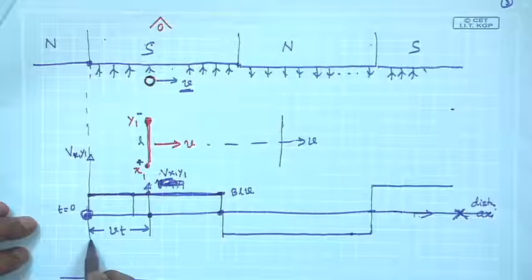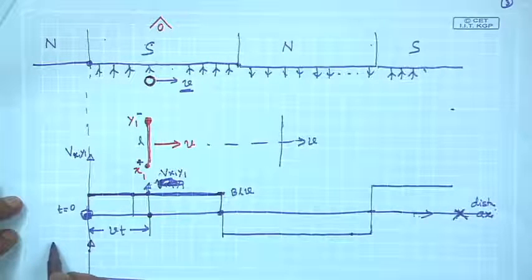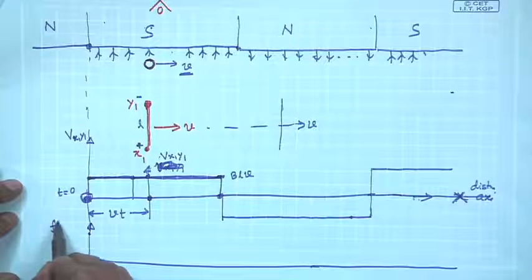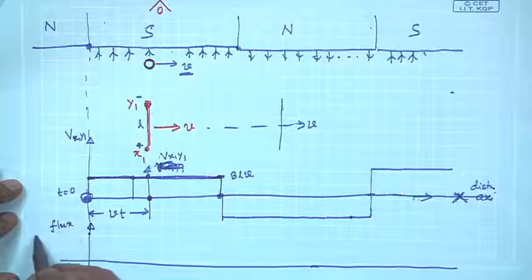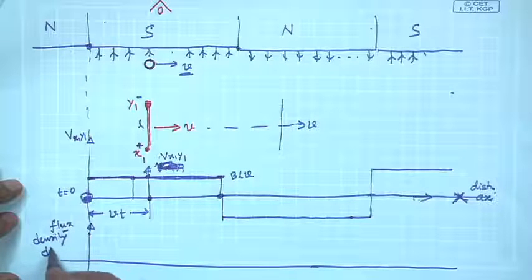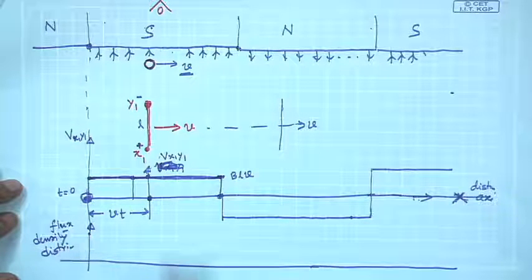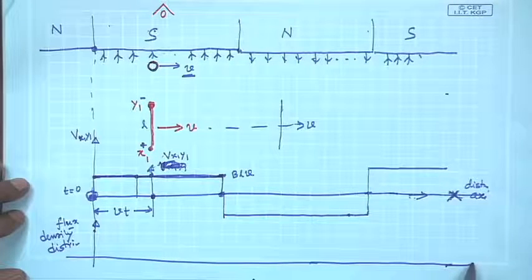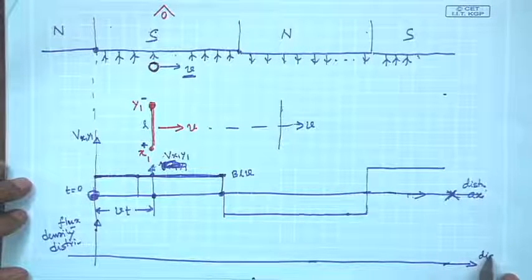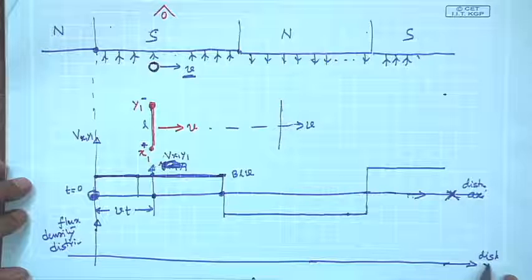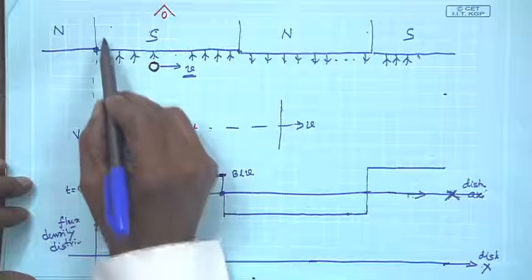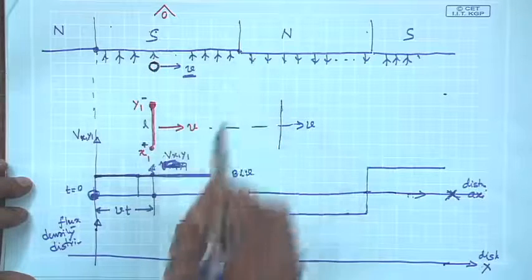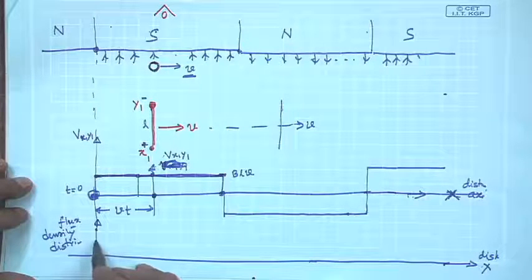and for the first time I will use this term, that is called flux density distribution, along distance x. Suppose I say that when the flux lines are entering here, I will give it a plus name.